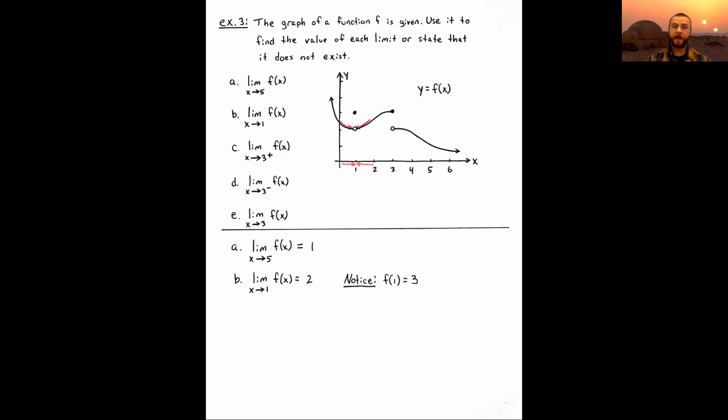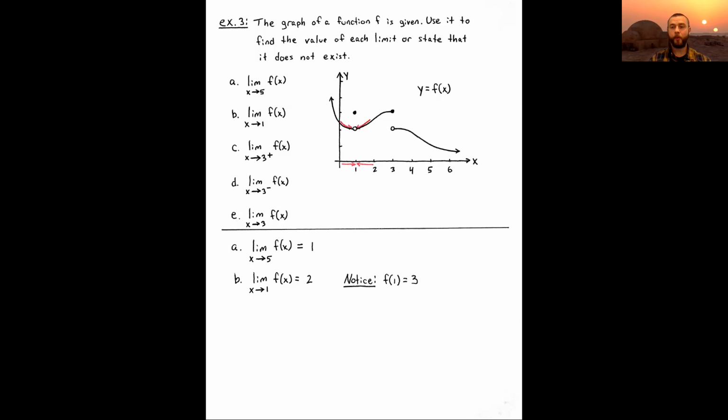All right, so here, as we let our x values approach 1 from both sides, notice as we follow along the graph, we get very close to that hole, which is at y coordinate 2. So as we let x approach 1 from both sides, the function value or y value approaches 2, which is the limit.